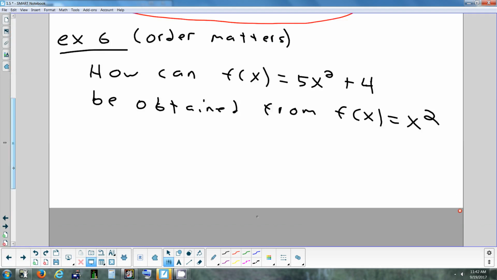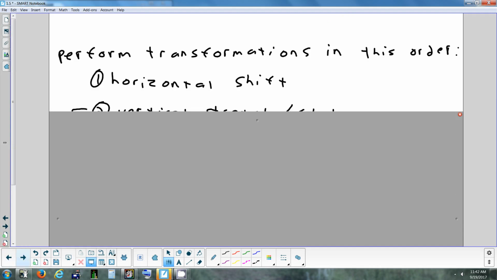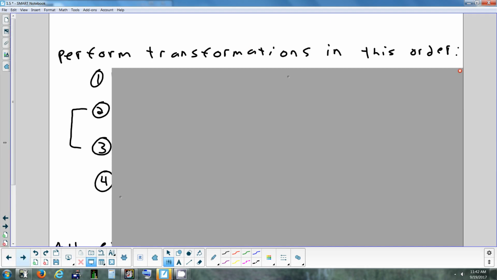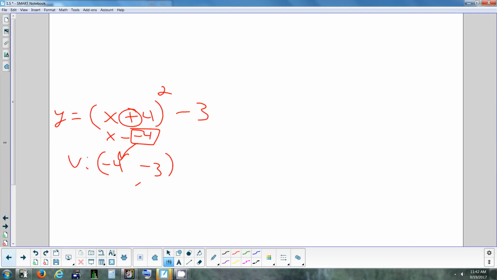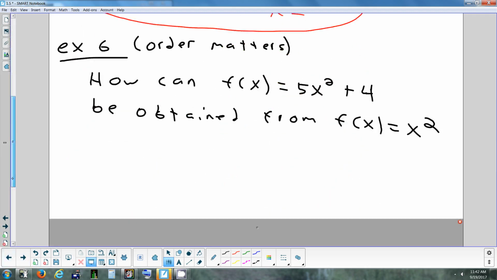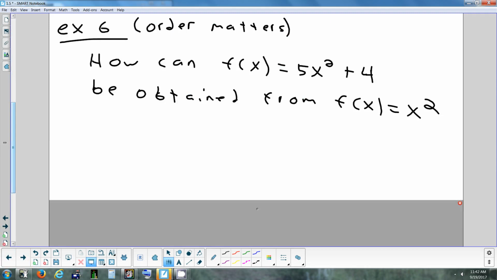All right, let's go through the transformations here. Order does matter, but in a minute, I'm going to give you the order to follow. I'll guide you through the order one more time, and then you'll have to figure it out for yourself. Caitlin, how many transformations do you think are happening in this problem? 2. Yep, there are 2. And we're going to start with the 5. So Hannah, what's the 5 going to do?